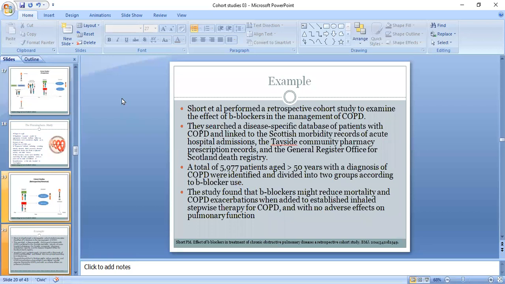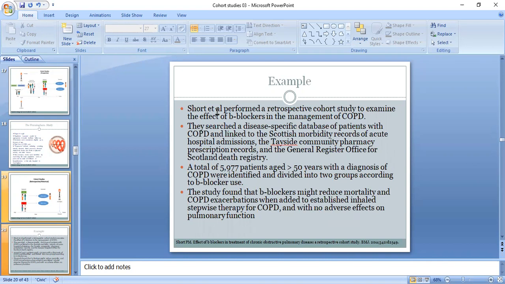An example of a retrospective cohort study is that Short et al. performed a retrospective study to examine the effect of beta blockers in the management of COPD. They searched a disease-specific database of patients with COPD and linked it to the Scottish morbidity records of acute hospital admissions, the Tayside Community Pharmacy prescription records, and the General Register Office for Scotland death registry.